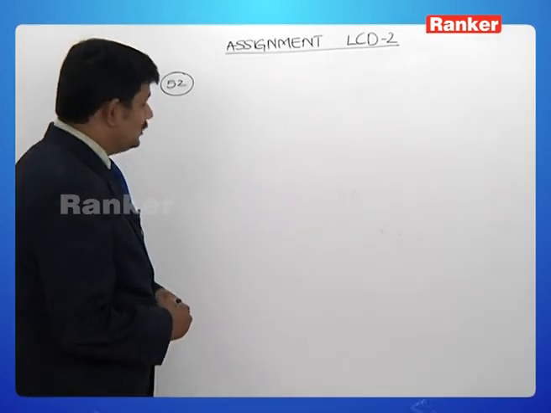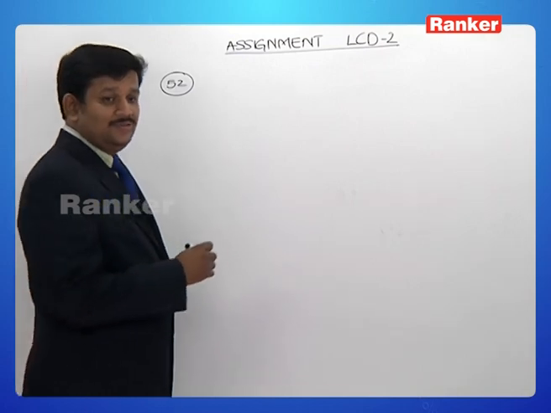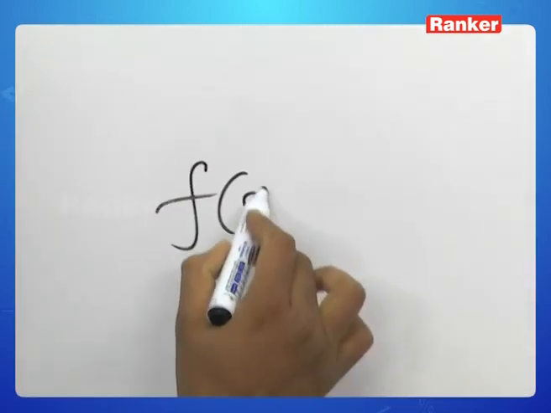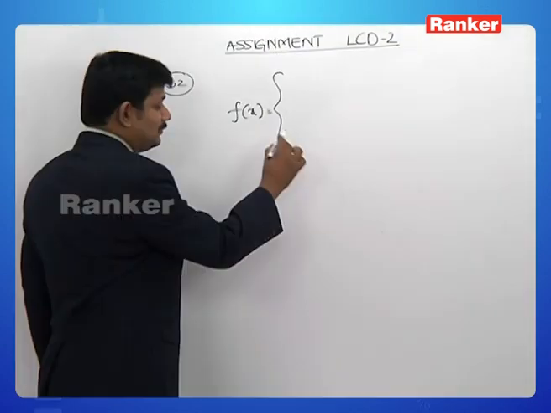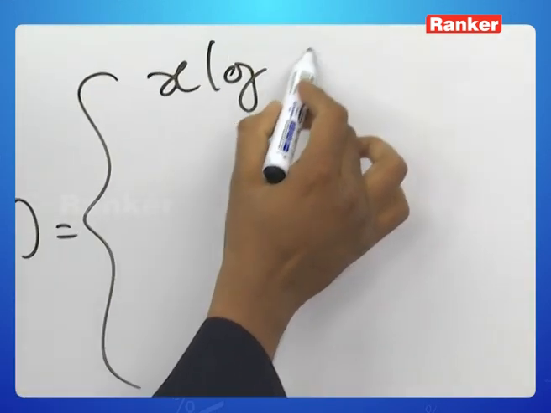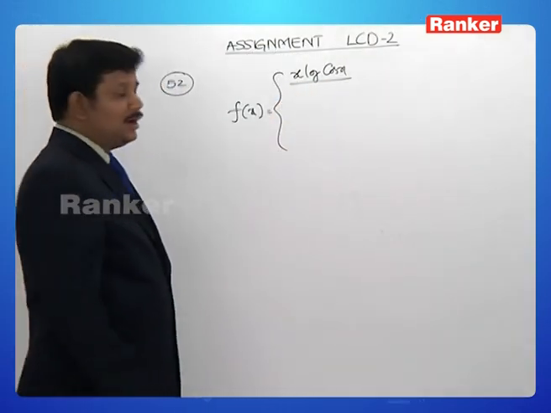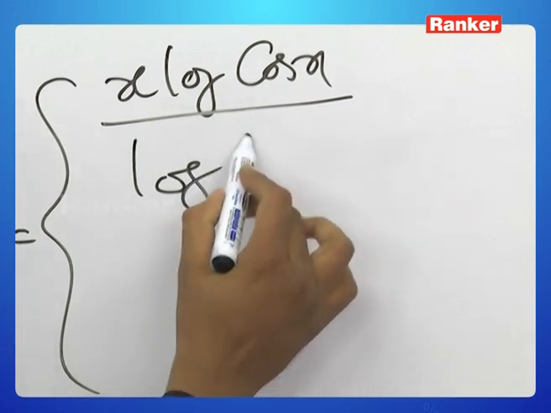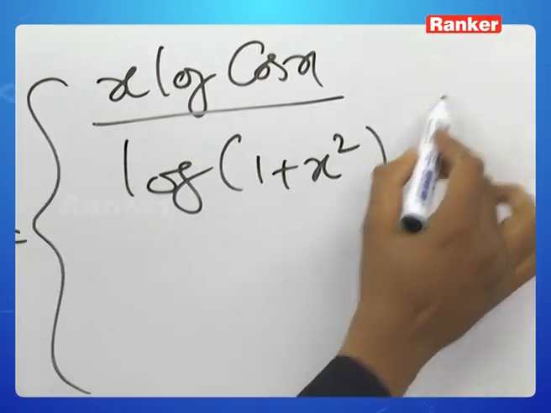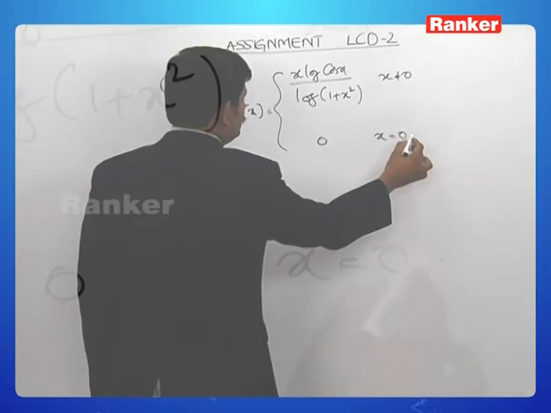So, in this question, we need to discuss continuity and differentiability of the function f of x is equal to x log cos x divided by log of 1 plus x square when x is not equal to 0 and 0 when x is equal to 0.